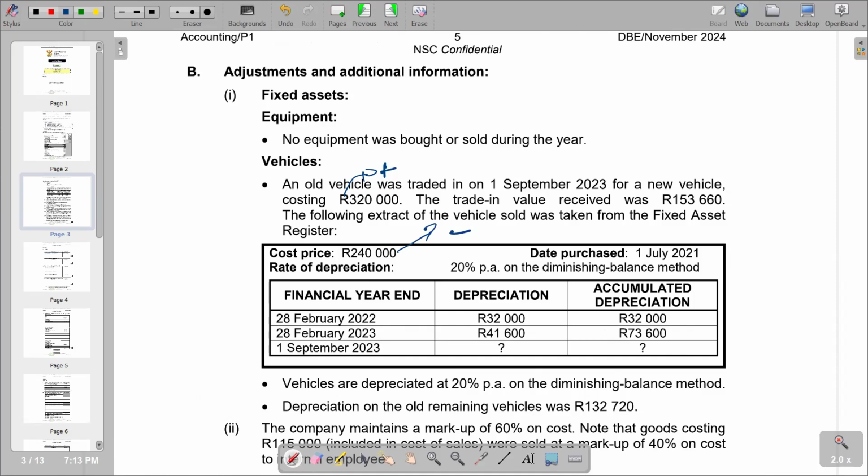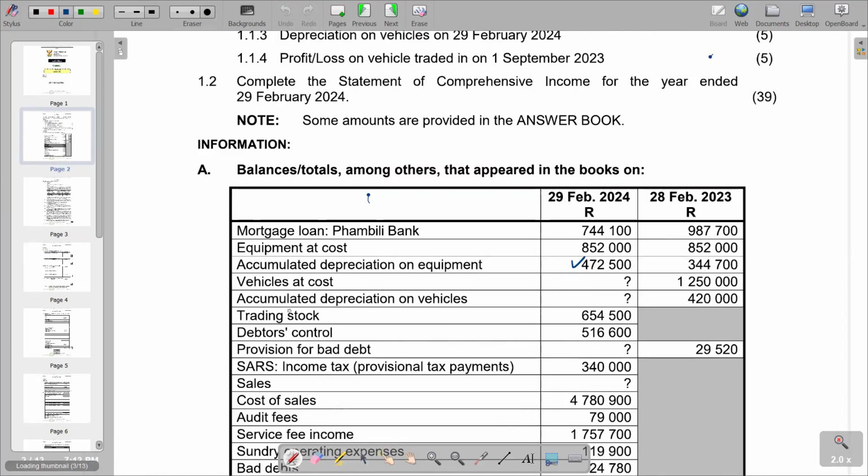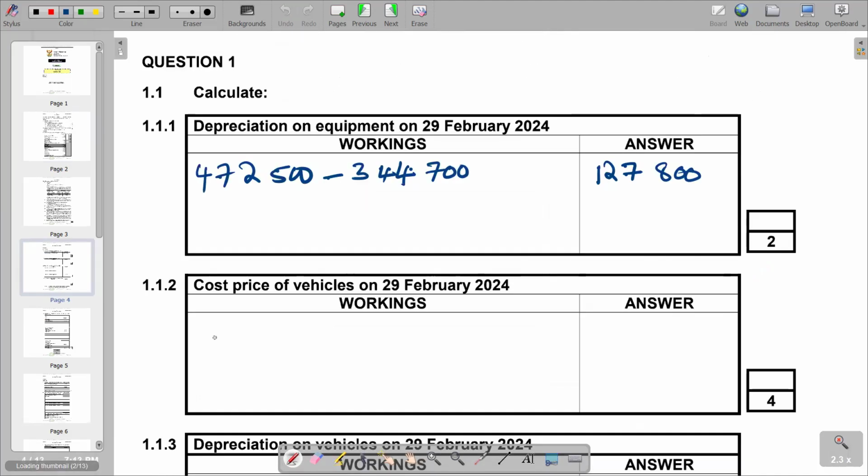So we are going to say the cost price that we have at the beginning, then we add our 320,000, then we subtract our 240,000. If we refer back there, you're going to see that the cost of vehicles at the beginning is 1,250,000. So in our answer section, we are saying 1,250,000.